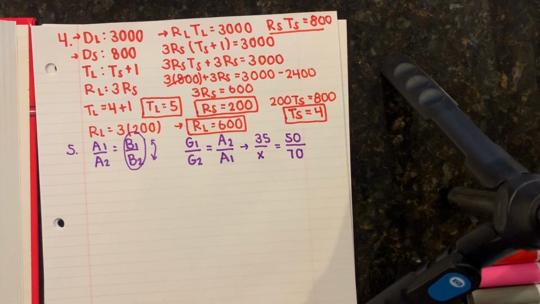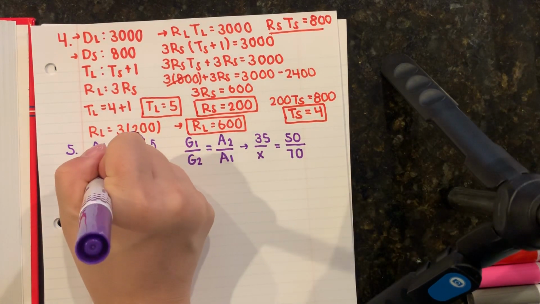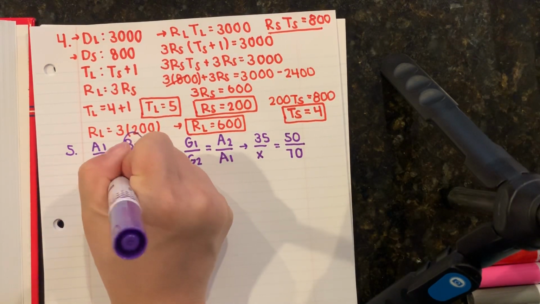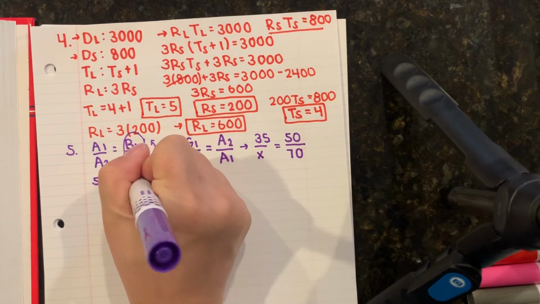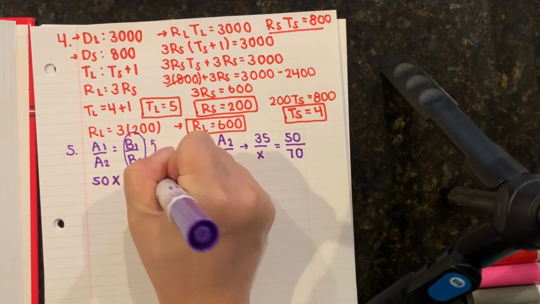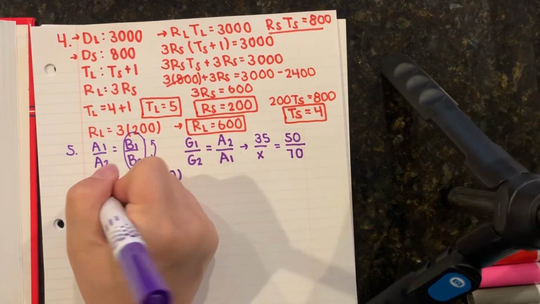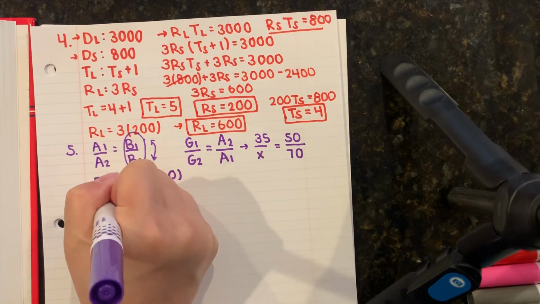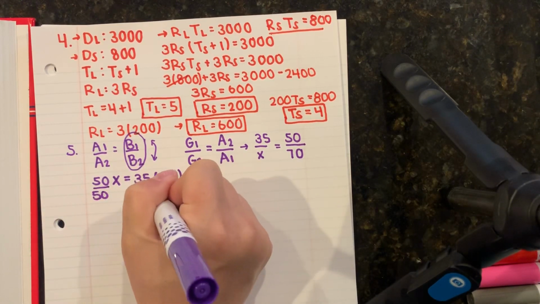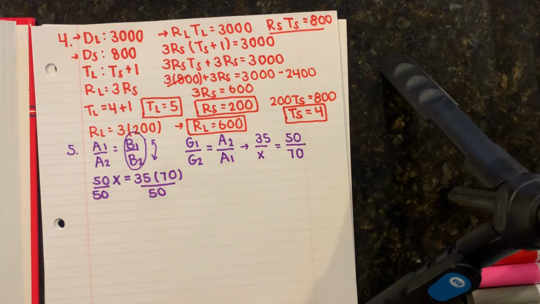Now what we're going to do is solve by cross multiplication. So we have 50 times x is equal to 35 times 70, and we're going to divide both sides by 50. We can do this all in our calculator.